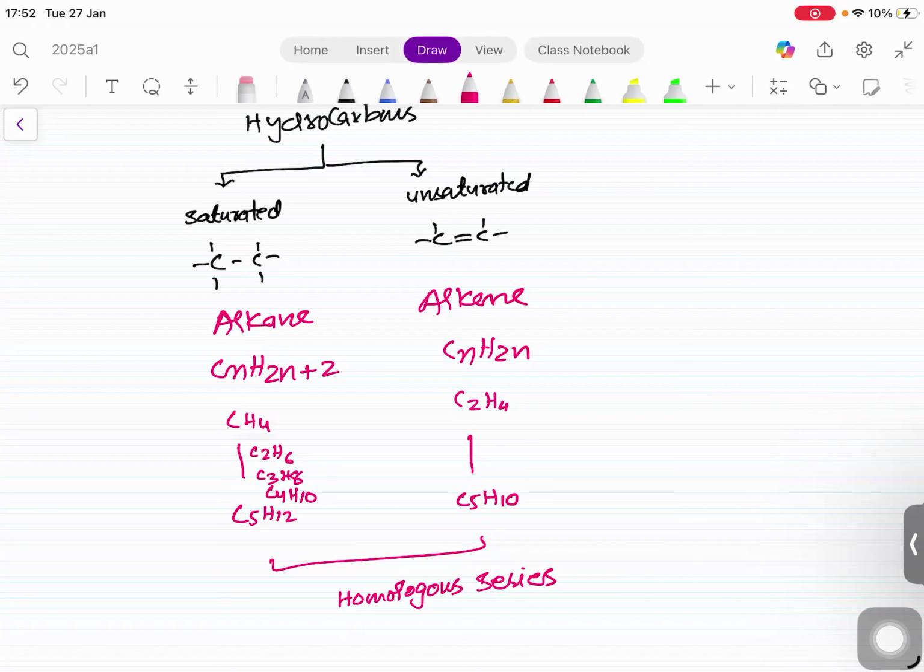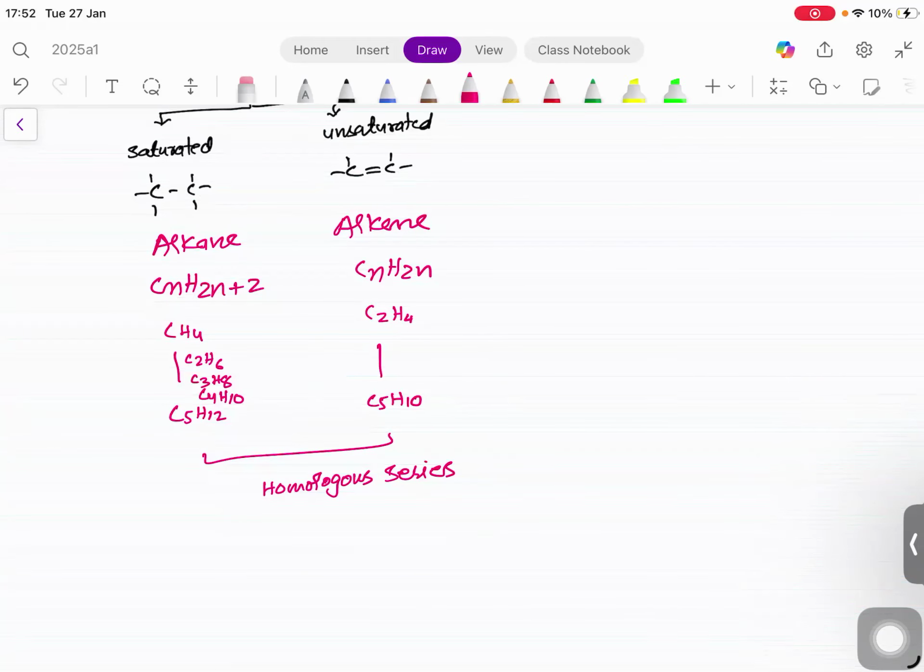Then we learned that the functional group for alkene is carbon-carbon double bond. The functional group is for identification. By seeing it, we will know it is an alkene. As soon as I see this double bond, I can say it's an alkene. On the other hand, there is no functional group as such for alkane.